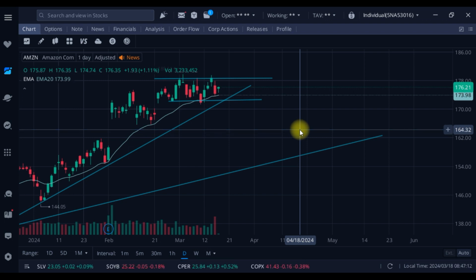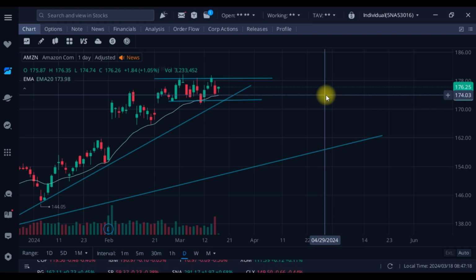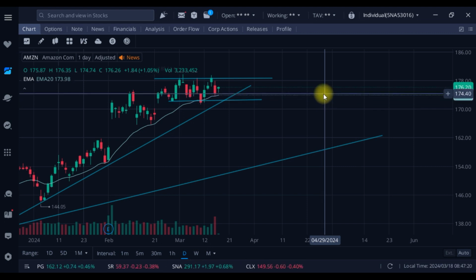You'll win 11 times in a row, and this trade has never lost twice in a row, and its most recent loss is 2022. So I would say that there is a really high probability of this trade succeeding, especially if we end up being able to break out of this.